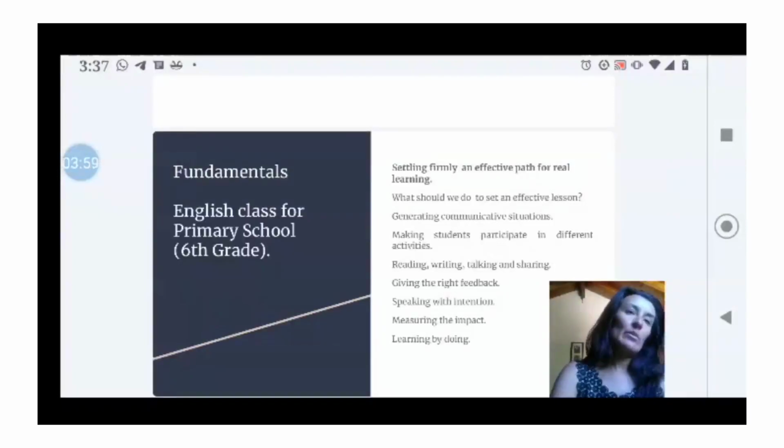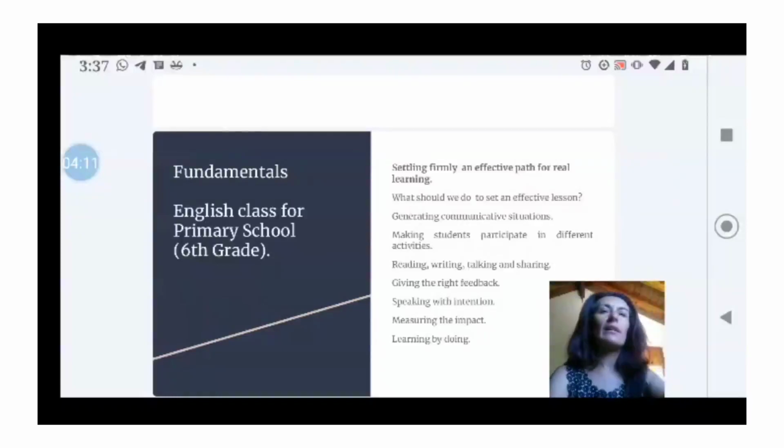Giving the right feedback to the student. This is very important. When we make correction, it is important to realize that the student is ready to get it. There is no use of correcting something if the student is thinking in another aspect and will not pay attention to you. So, giving the right feedback is also a question of timing.